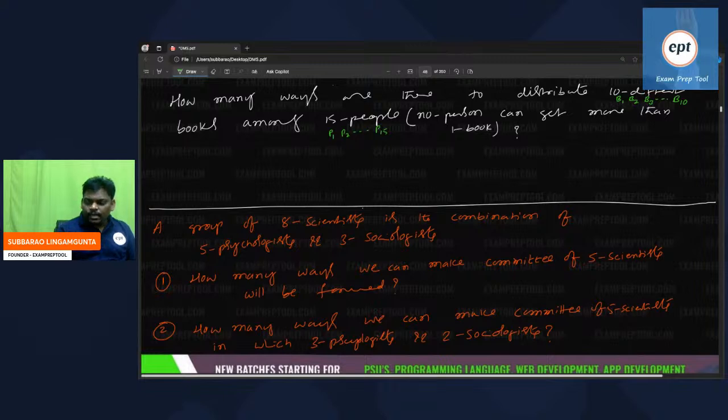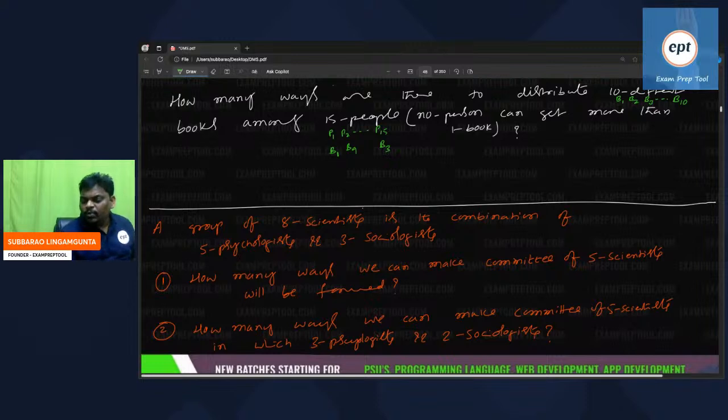If you observe clearly, I'm just giving an idea. There are 15 persons, P1, P2, up to P15. Out of those 10 books, one book you can give here, one more book maybe B9 here, one more book maybe B3 here. Like that you can allocate.